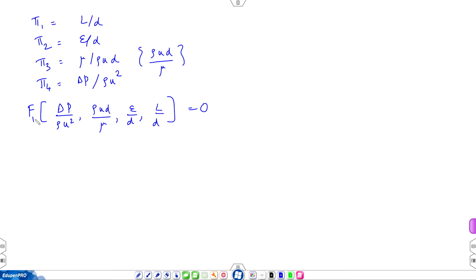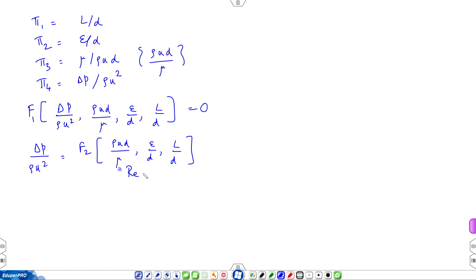Let us call this f1, or you could write delta p over rho u square is some function of rho u d over mu, which is in our terminology Reynolds number, epsilon over d, L over d. Okay.